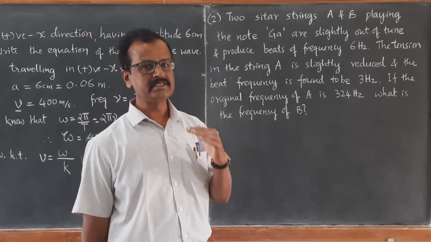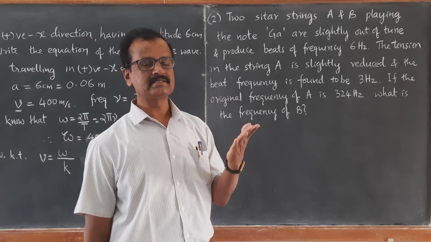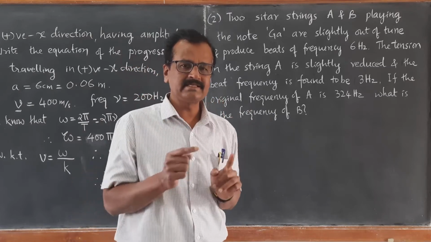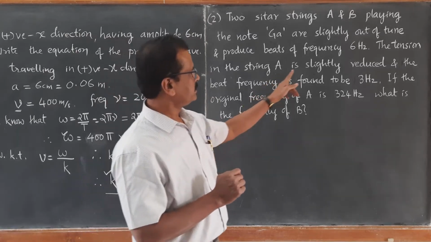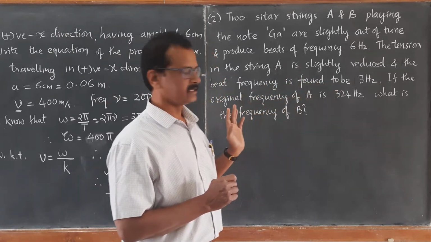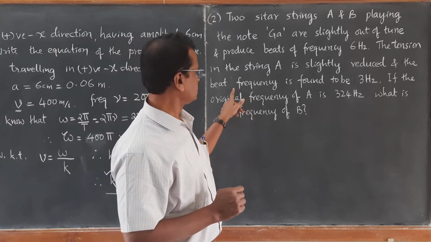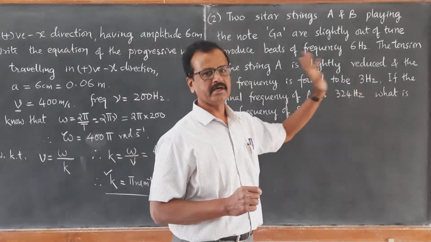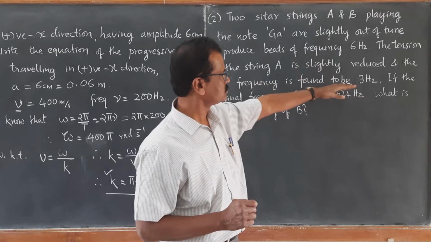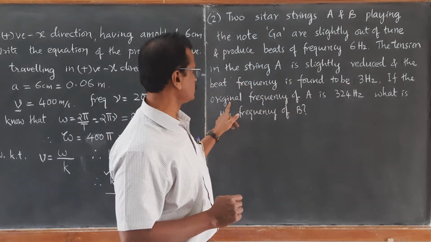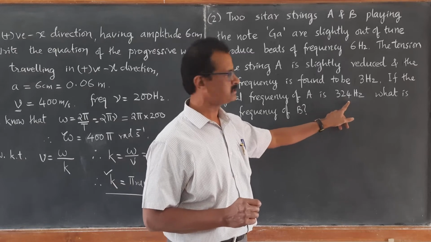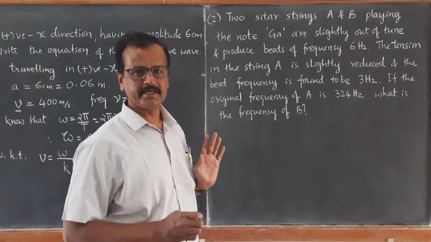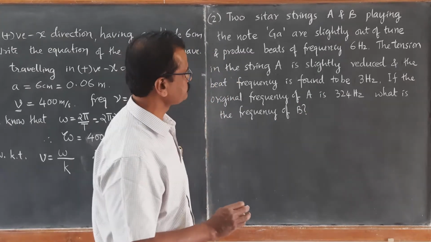If the tension is increased, frequency increases. If the tension is decreased, frequency decreases. As a result, the beat frequency reduces from 6 Hz to 3 Hz. So if the original frequency of A is 324 Hz, what is the frequency of B? Okay, this is the question.